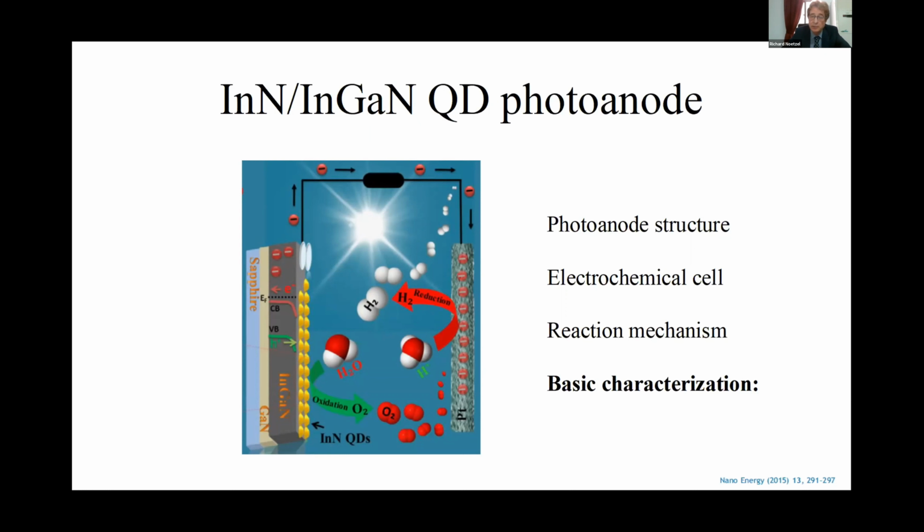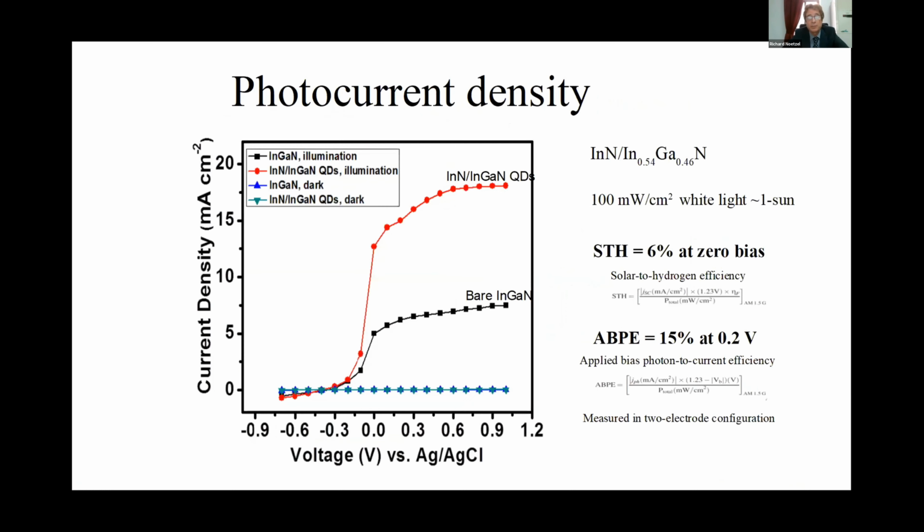I come to the basic characterization of this type of photoelectrodes. The first important measurement is the photocurrent density versus voltage against the silver chloride reference electrode in this case. The structure is indium nitride quantum dots on an indium gallium nitride layer with 54% indium composition, and the illumination is by one sun, that means 100 milliwatts per square centimeter light power, white light.